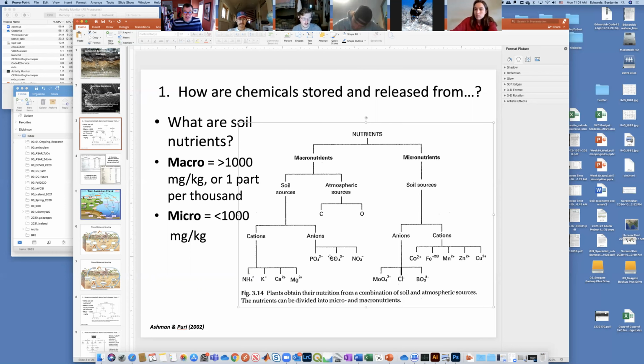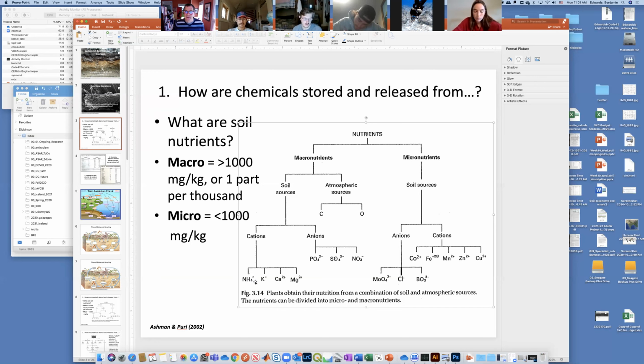The other macronutrients that typically occur as anions, anionic molecules, meaning they have a negative charge, are phosphorus, sulfur, and actually nitrogen. Nitrogen can be present as an anion complex, if you've got nitrogen combined with oxygen, or nitrogen can also be available as a cationic complex. If you bond nitrogen with hydrogen, that has a +1 charge.